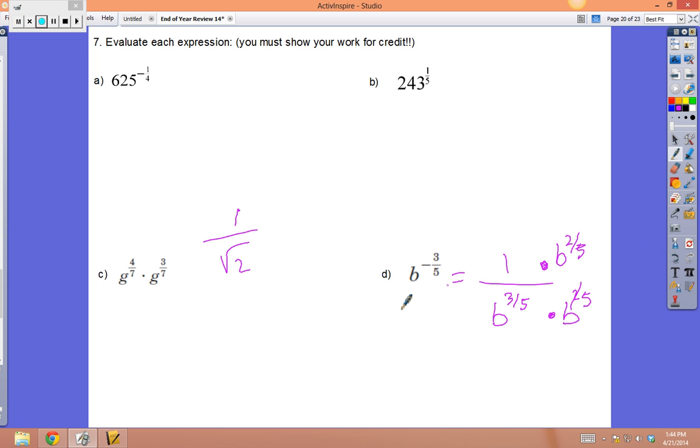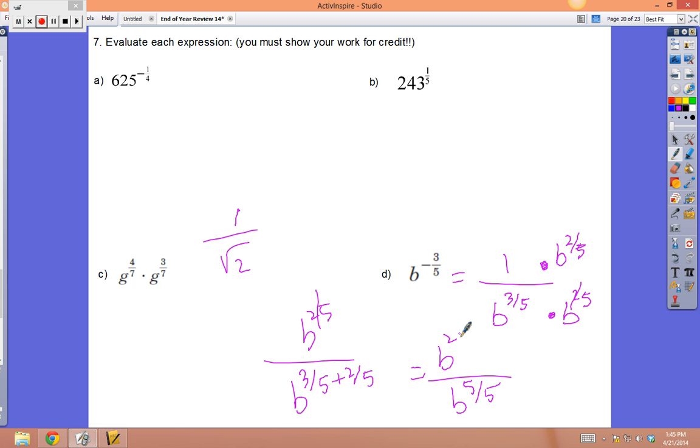So b to the 2/5 times 1 is b to the 2/5, but on bottom we chose 2/5 because when you multiply b to the 3/5 by b to the 2/5, it's going to be b to the 3/5 plus 2/5. And so on bottom, that's going to be b to the 5/5, which is just b.